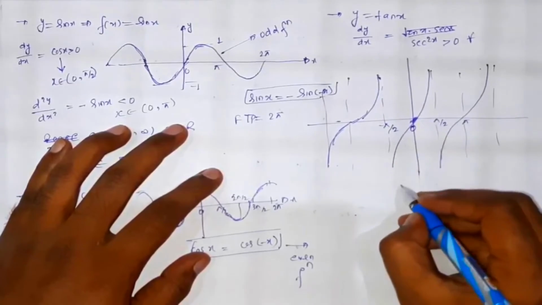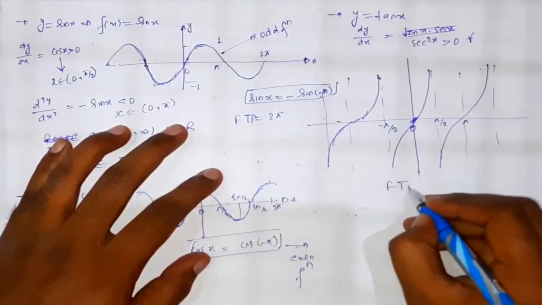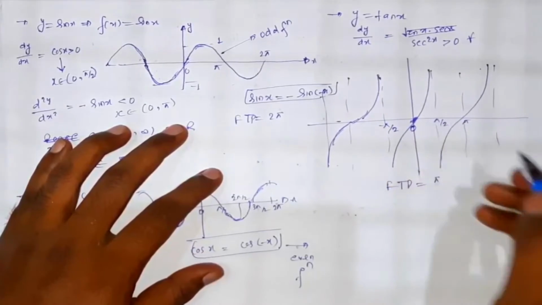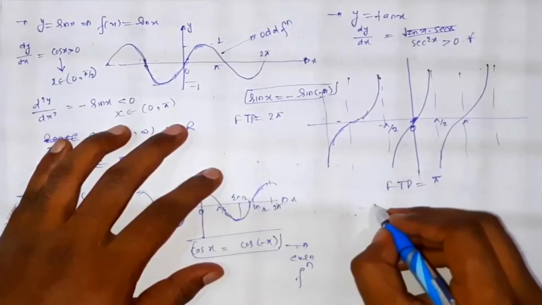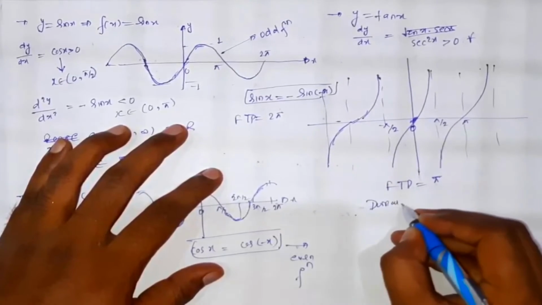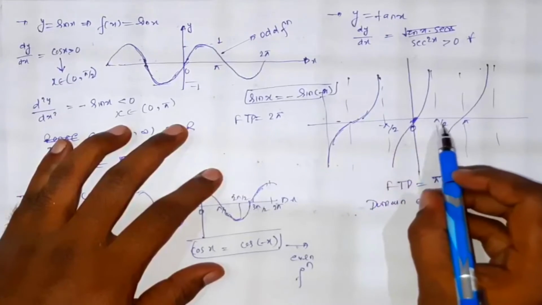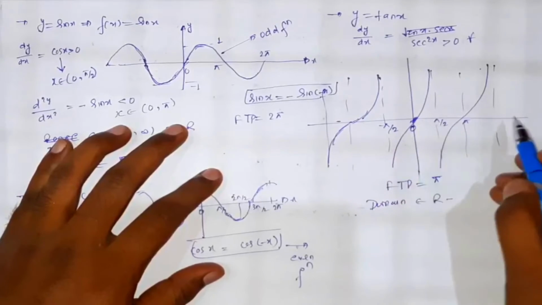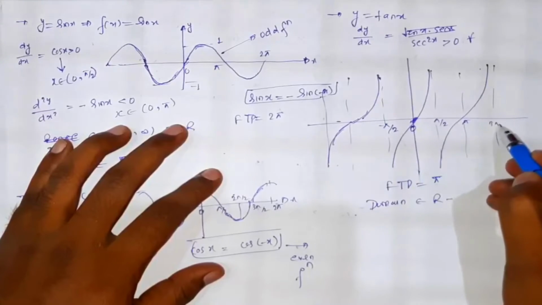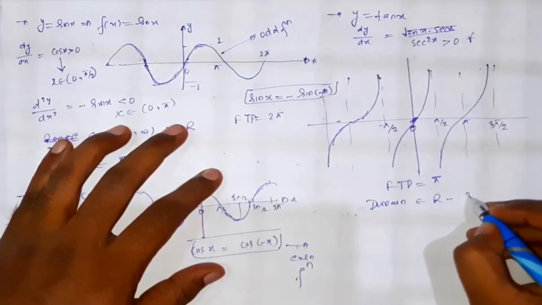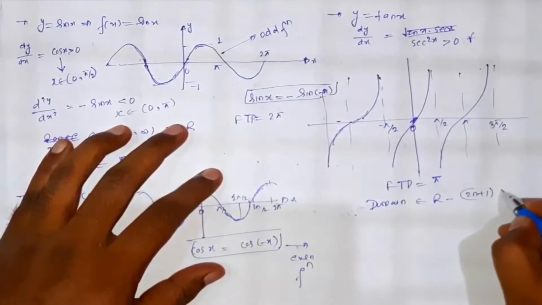So we can say fundamental time period will be pi. Okay, from minus pi by 2 to pi by 2, we can say pi, and domain of this function will be real minus pi by 2, and again 3 pi by 2. So we can say every odd multiple of pi by 2.